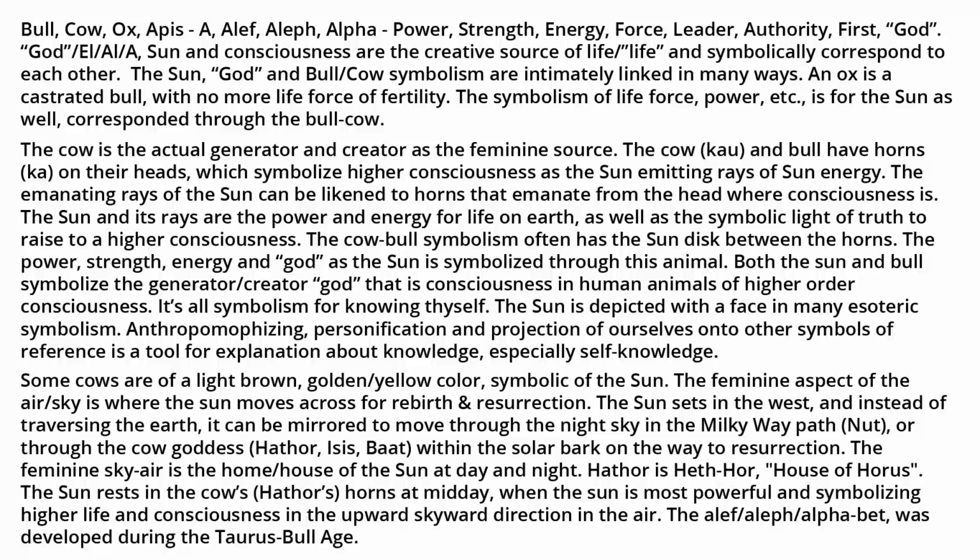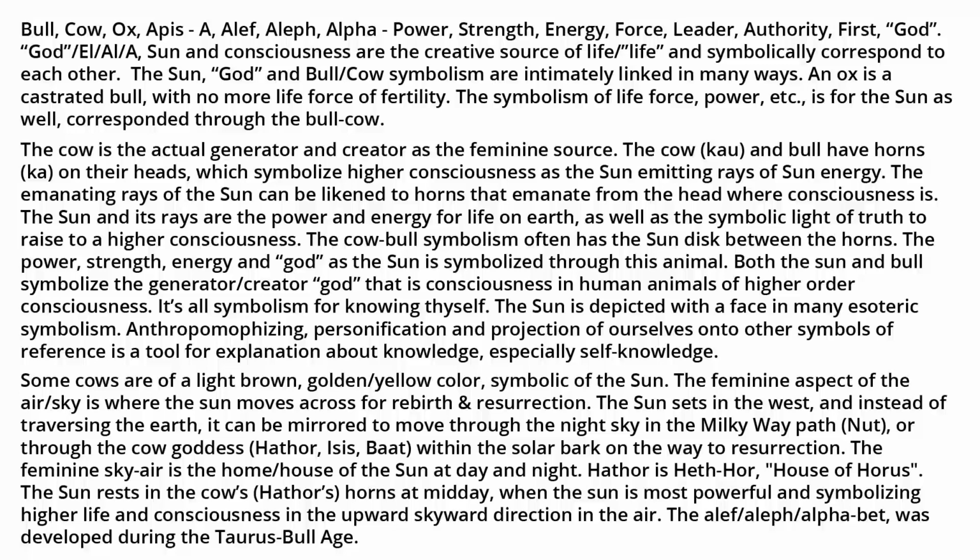So the head is where consciousness is. Horns emanate from the head where consciousness is, and that's likened again to the sun symbolism, where the sun, the head, consciousness, is emanating rays of light of sun, and that would be emanating the horns from the head. The sun and its rays are the power and energy for life on earth, as well as the symbolic light of truth to raise to a higher consciousness.